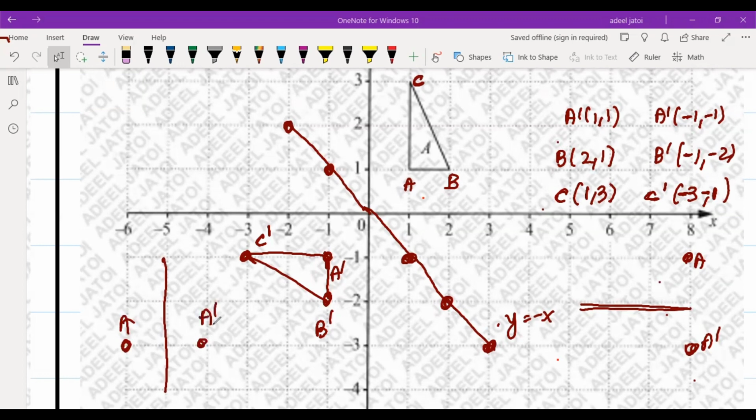But if you have a diagonal reflection line, as we have in this question, we will have a diagonal reflection, considering we'll be counting diagonal distance from the reflection line and the object point. So this was your reflection under y is equal to minus x.